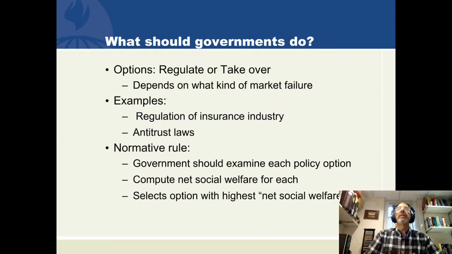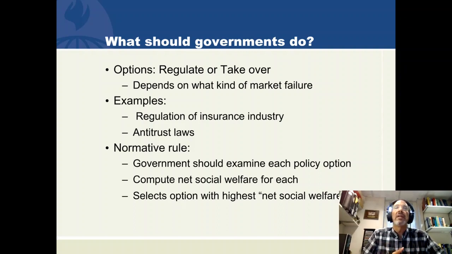Now, if we want a government in our healthcare market, there are many options. One option is for them to just regulate it and allow a free market to happen, but create a lot of rules. Another option is for the government to just take it over and become the nation's health insurance provider. The regulate-or-take-over question has been decided differently in different countries.